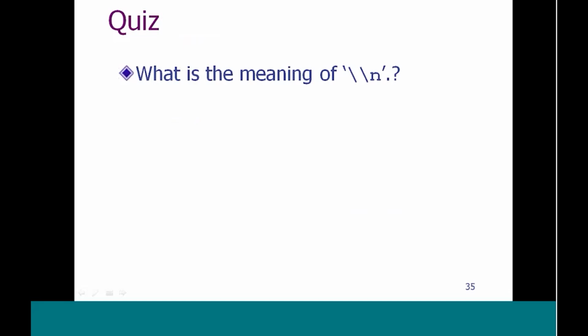Maybe more challenging, what does this mean? $A equal to single quote backslash n, then $B equal to double quote, $A.